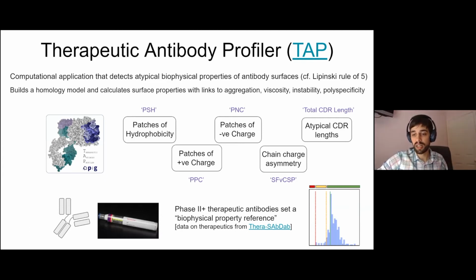These are a reference set that are shown in blue as a histogram for a given property. If your inputted sequence falls within the range that most of these therapeutic antibodies do, you get a green flag. If it's starting to get towards the tail ends of the distribution in a way that we predict would be deleterious, you get an amber flag. And if it's unlike any therapeutic we've seen before, you get a red flag.